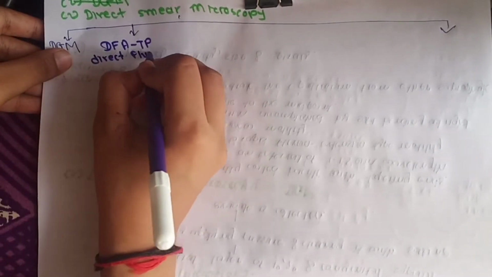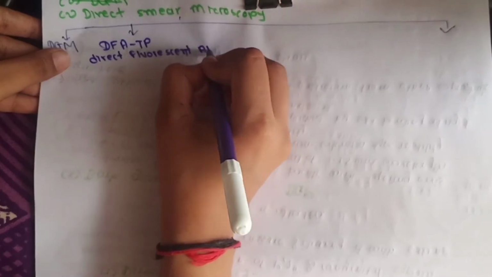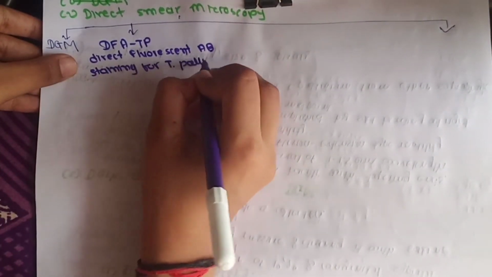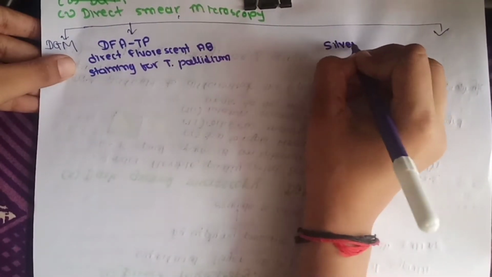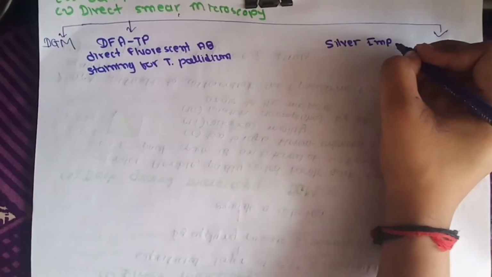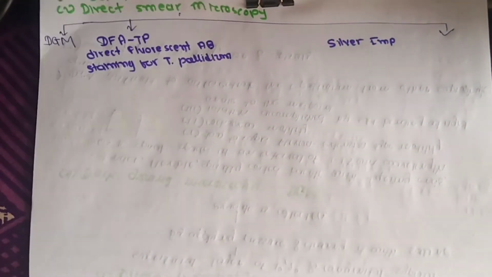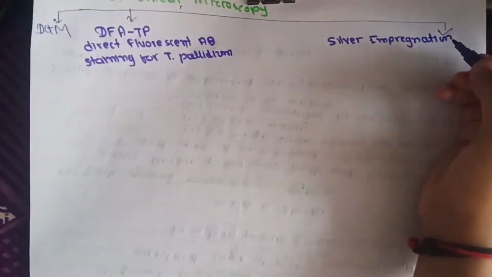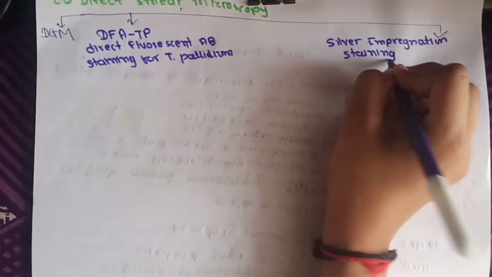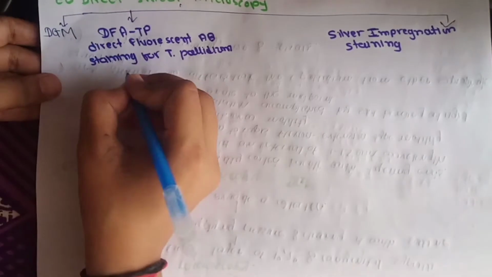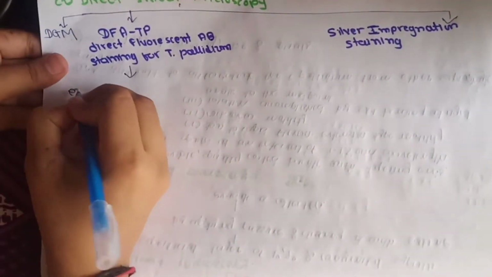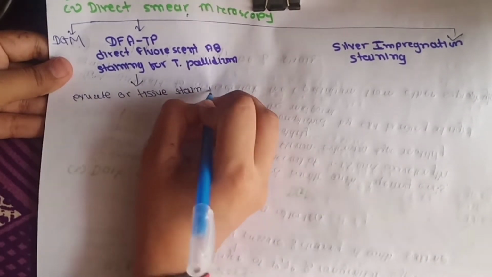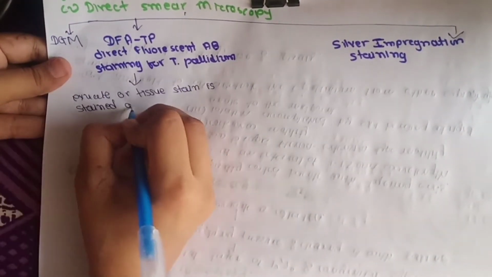Now there are two other methods: DFA-TP, direct fluorescent antibody staining for T. pallidum, and silver impregnation staining. In this method, the exudate or the tissue section is stained with fluorescent labeled monoclonal antibody.